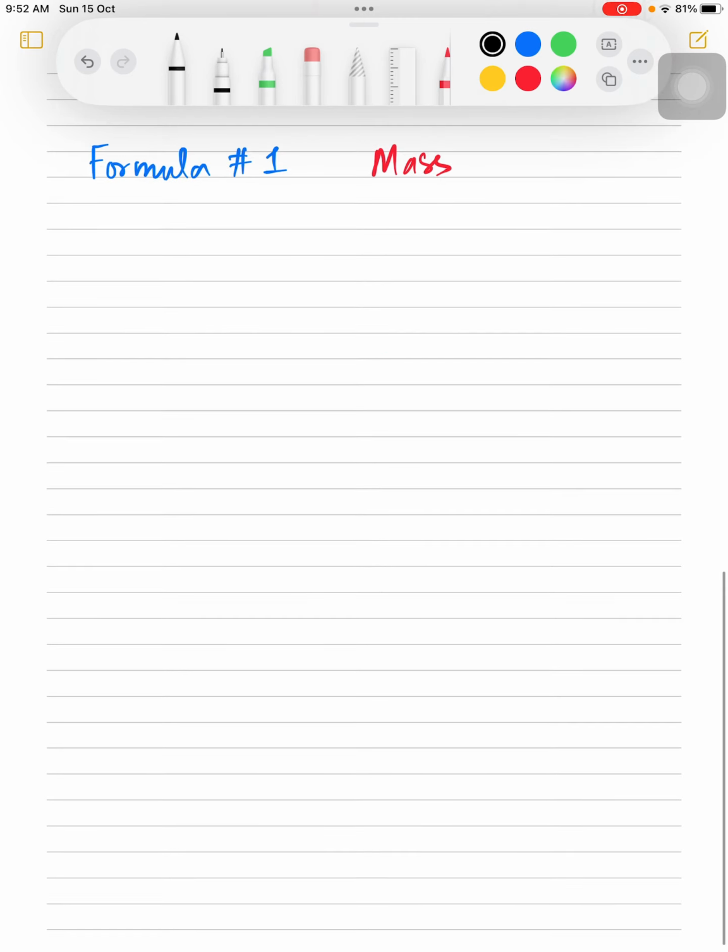Formula number 1 says number of moles is equal to mass upon molar mass.